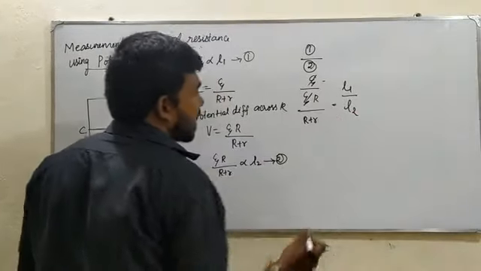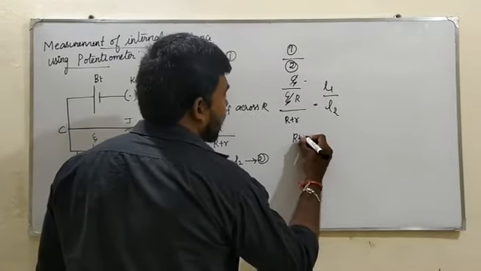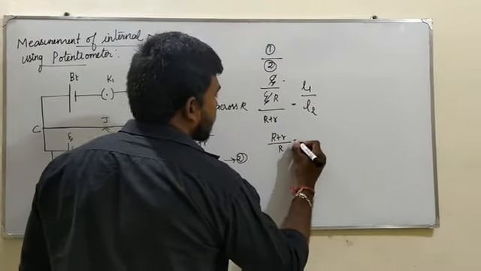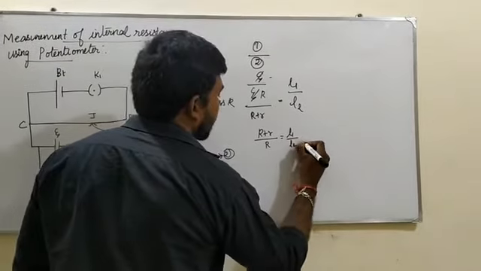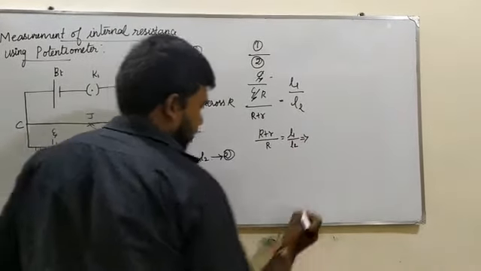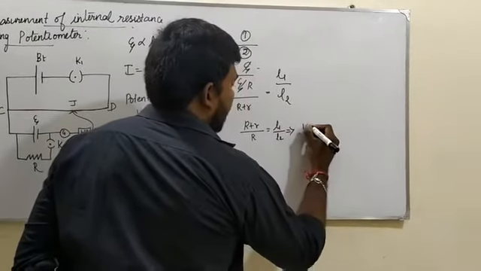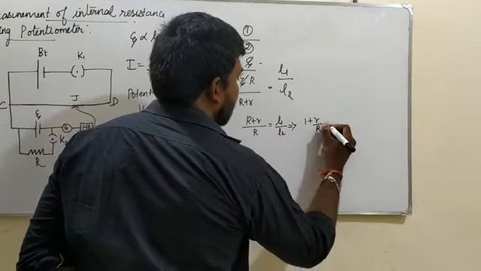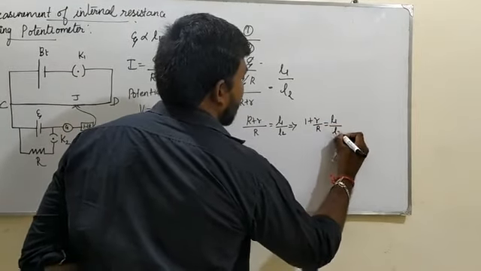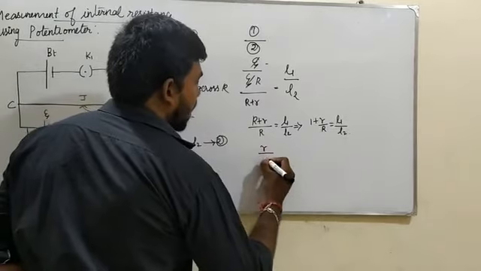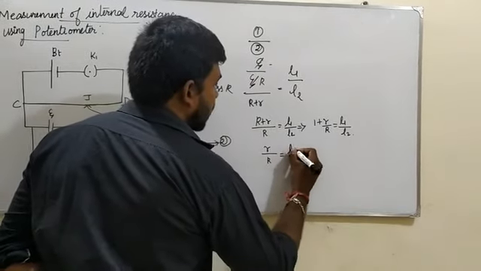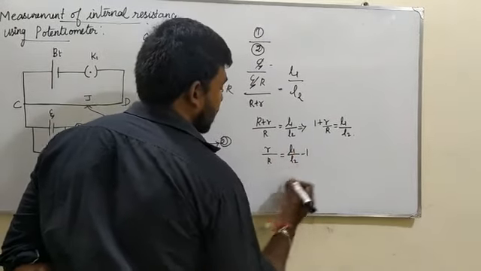So xi gets cancelled. So R plus r by R is equal to L1 by L2, which implies 1 plus r by R is equal to L1 by L2. So r by R is equal to L1 by L2 minus 1.